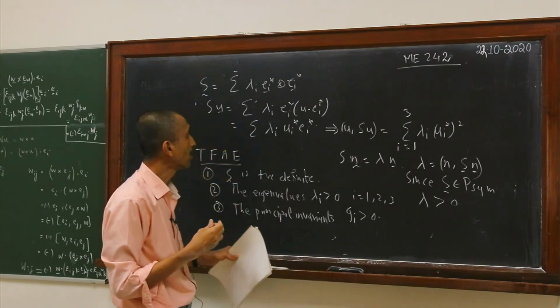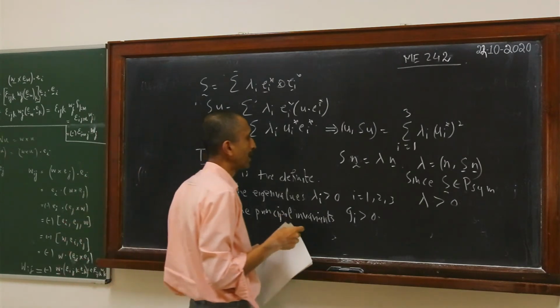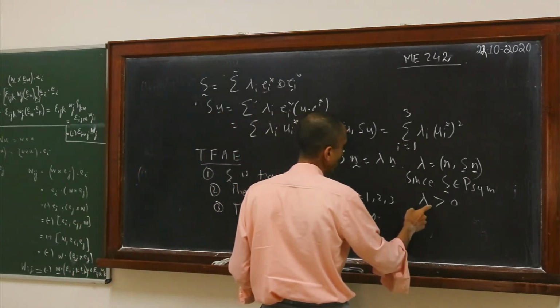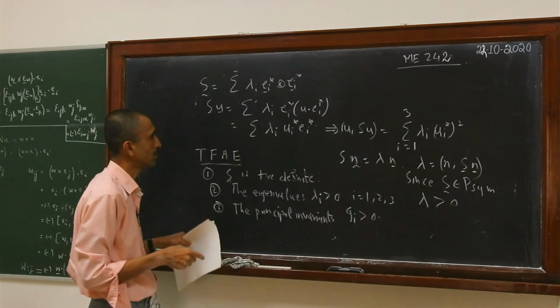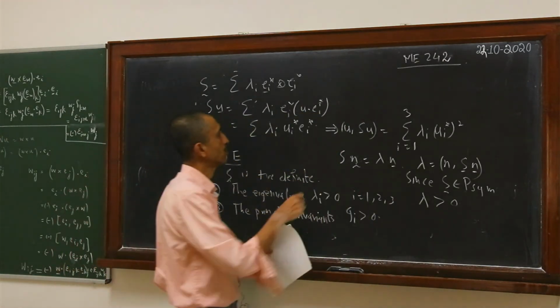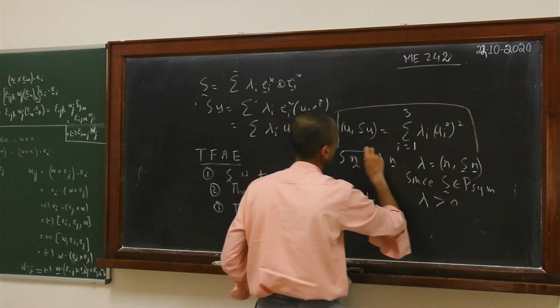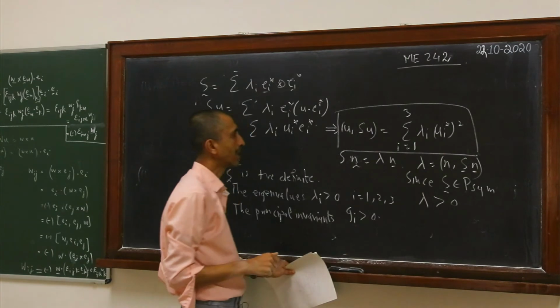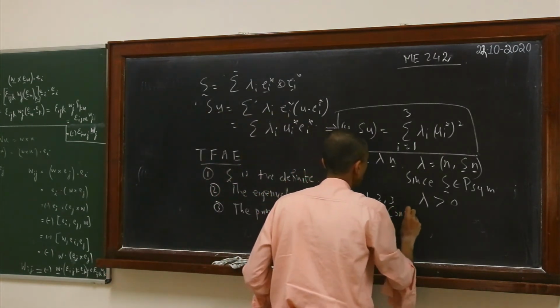Now conversely, you want to show that if the λ_i are greater than 0, then (u, Su) is greater than 0. Let us look at this particular object (u, Su).